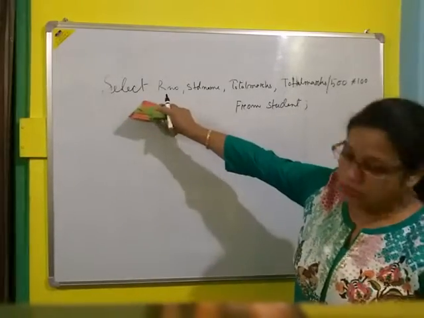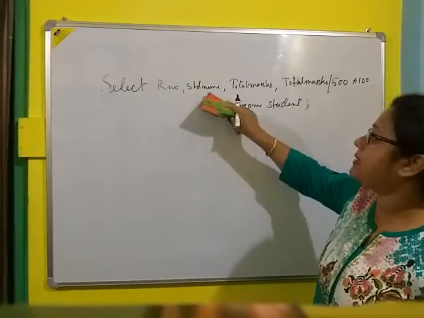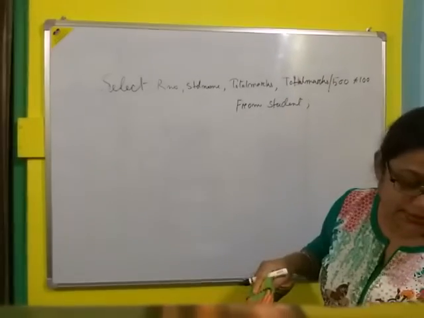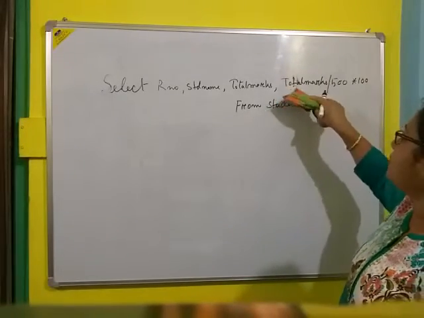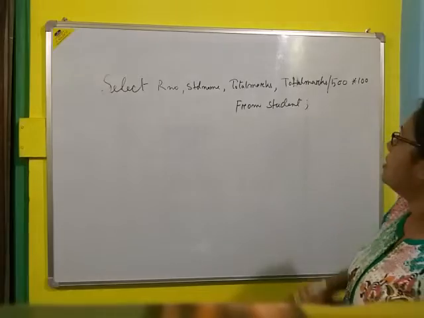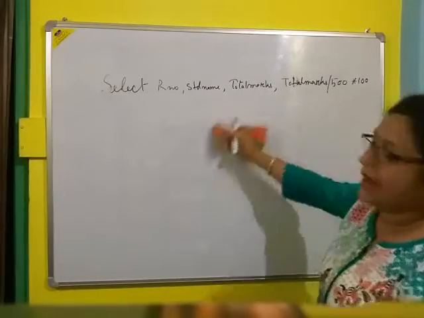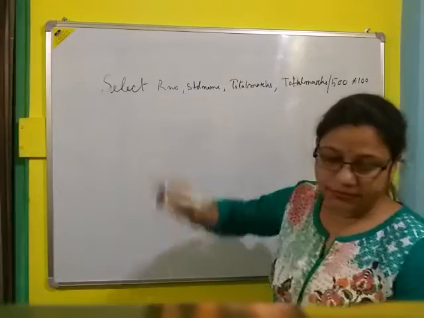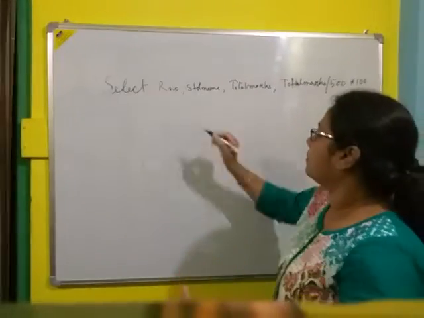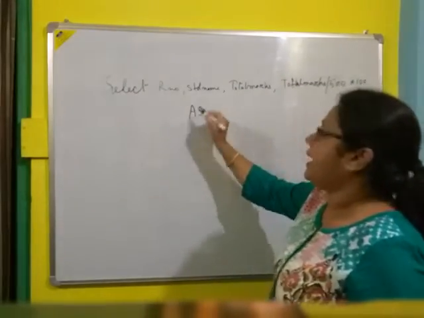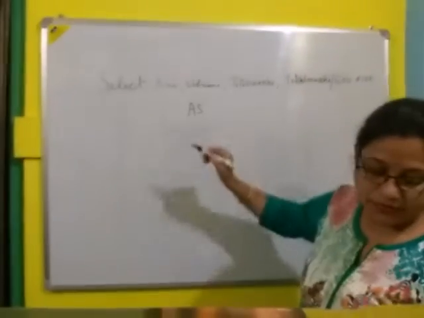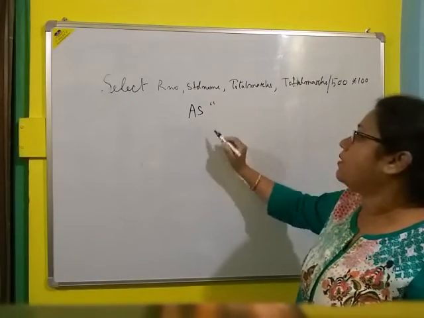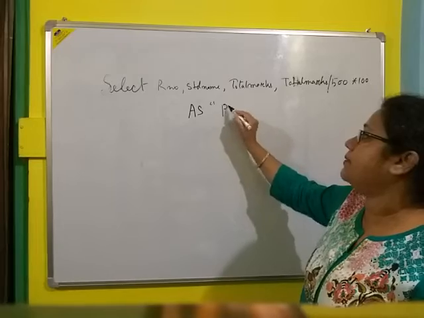select roll number, student, total marks. Then you give the expression. After that you write AS, and within the quotation mark you write the name.